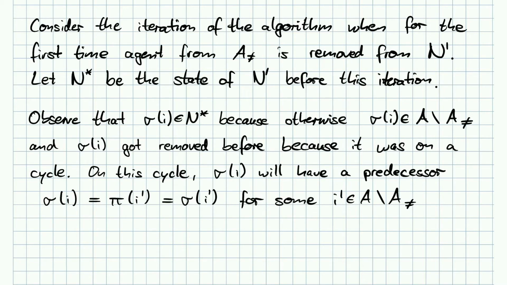And this would be a contradiction because I prime could not be equal to I.